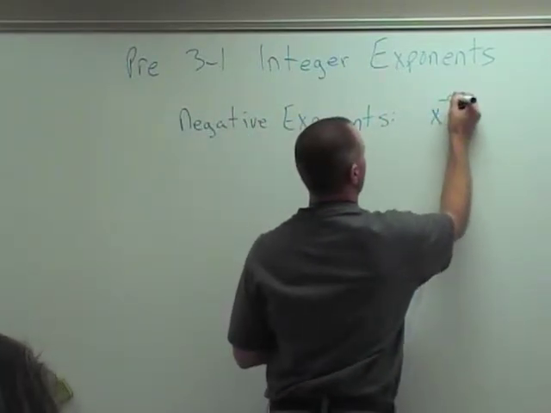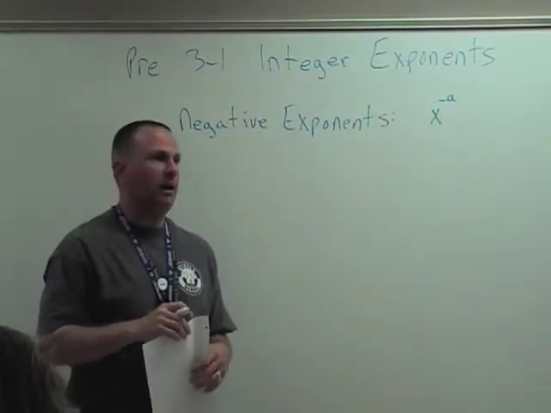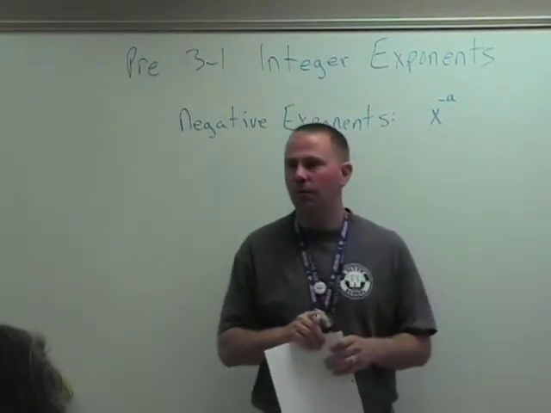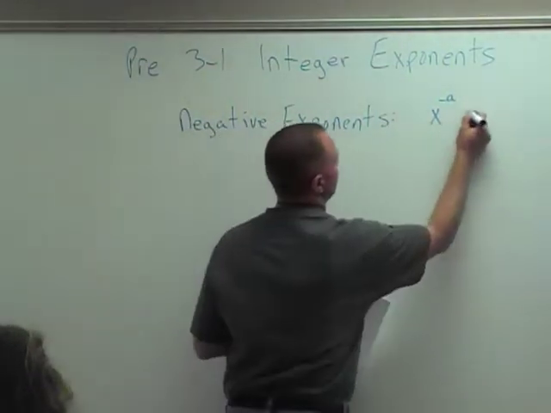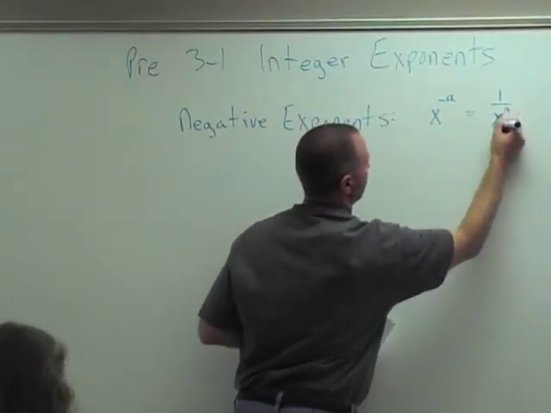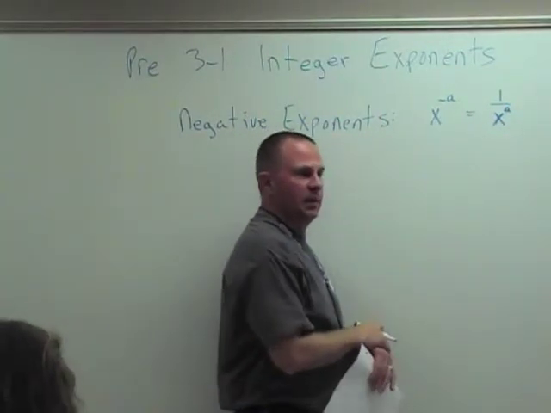Okay, so in general, when you have a negative exponent, you can't leave a negative exponent. So basically, we're going to learn how to make a negative exponent positive. So this would look like this fraction. What you're doing is this.